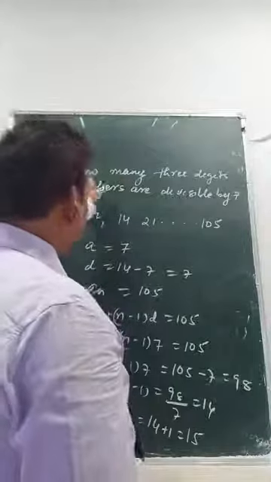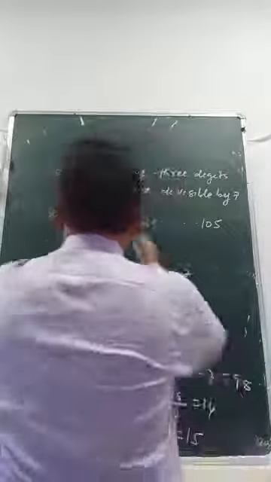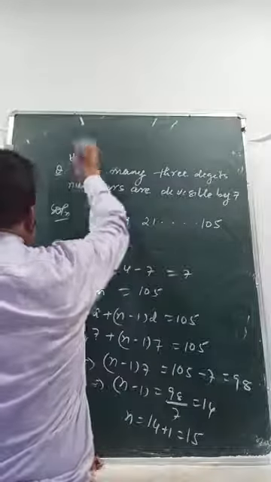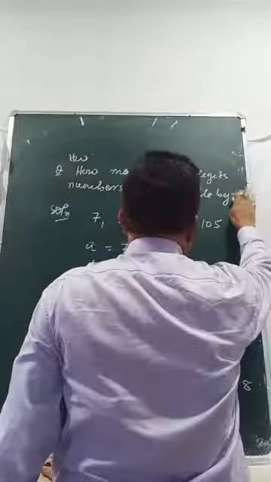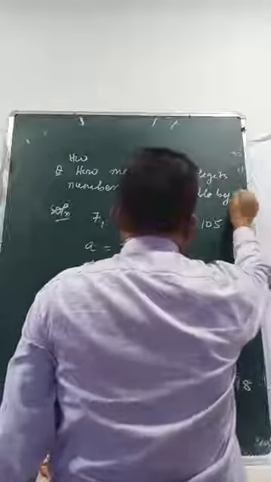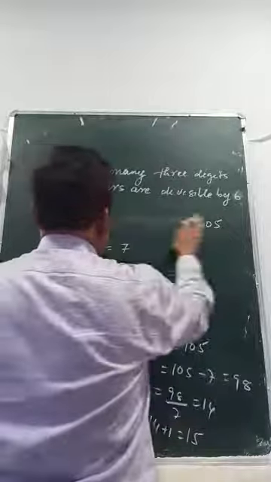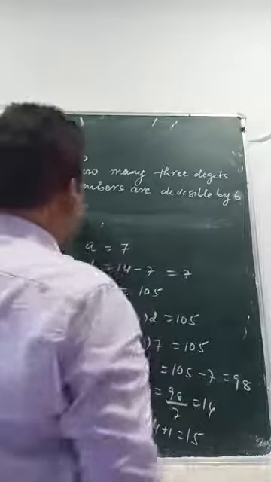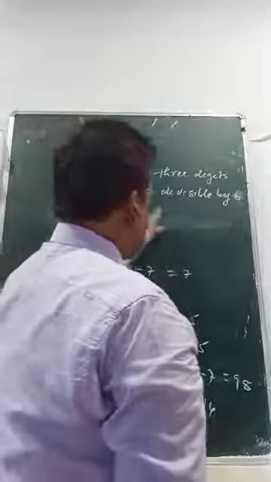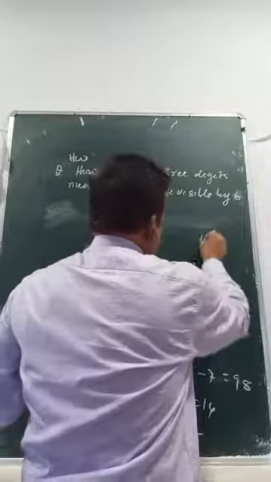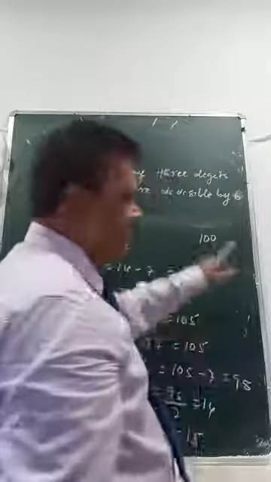So how many 3 digit numbers are divisible by 6? How will you start? 6, 12, 18. Then for the last, you see the largest is 100, and 100 is not divisible by 6.